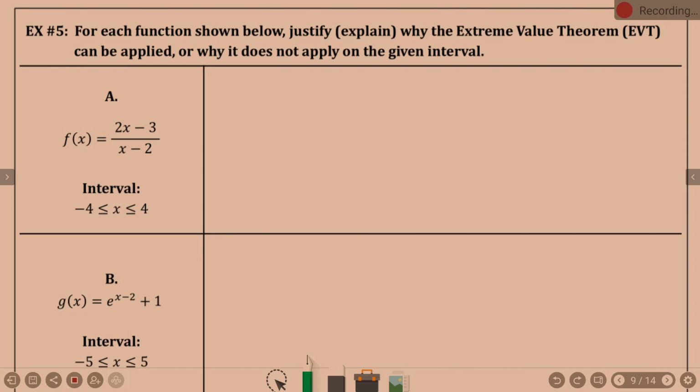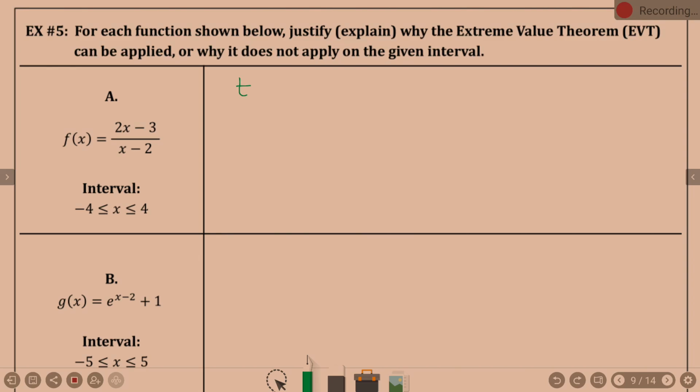So right there, it's not continuous at 2, and is 2 in the given interval? It is. If 2 is outside the interval, it wouldn't be an issue. But since 2 is in the interval, it is an issue. We've had lots of these where this does not apply. We will get to some where they apply, but EVT does not apply on this interval because f of x is not continuous at 2, which is contained in the interval.